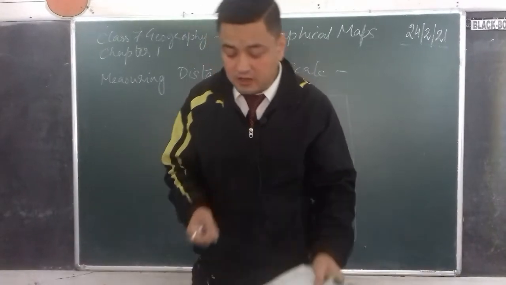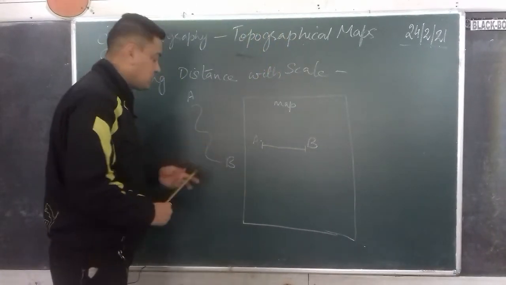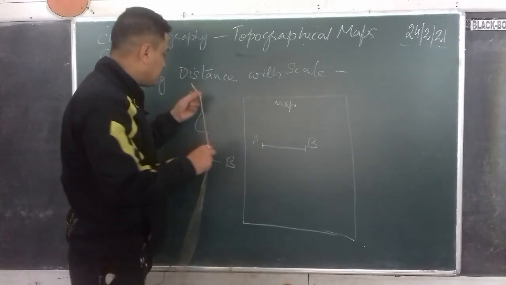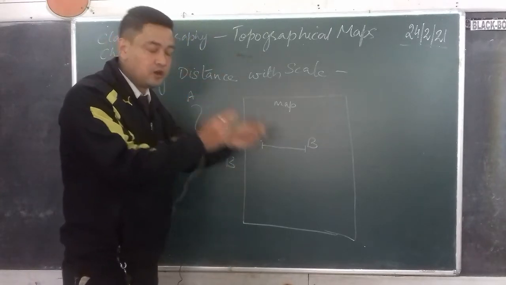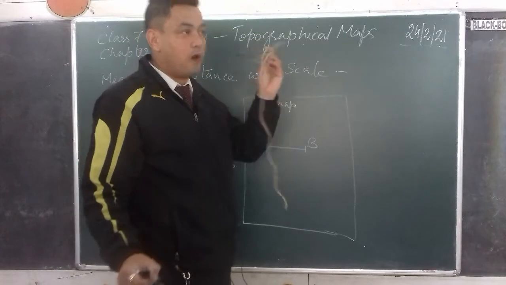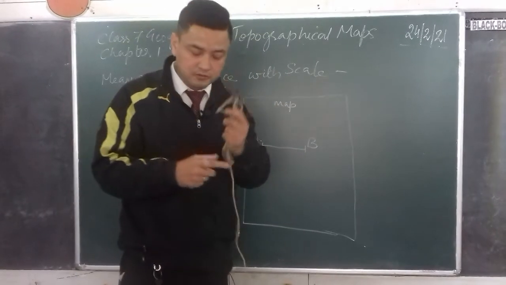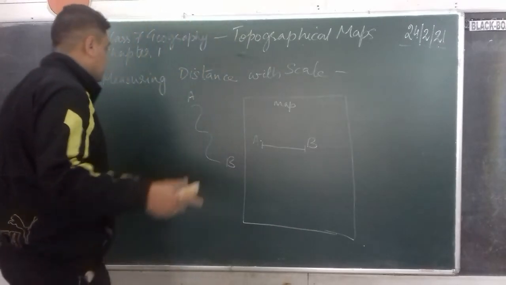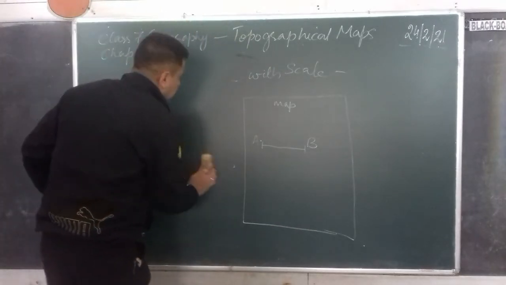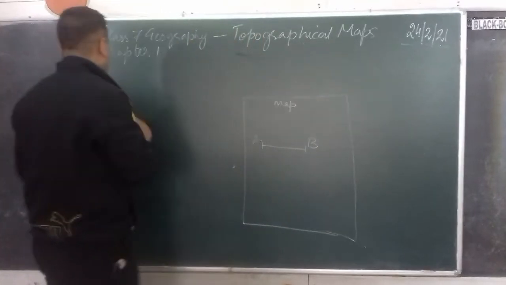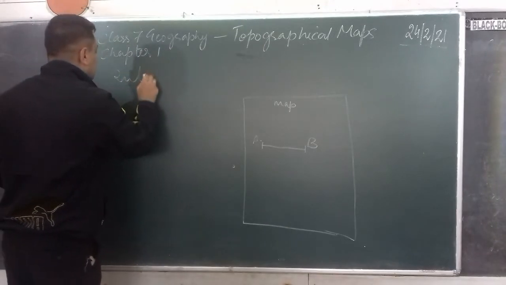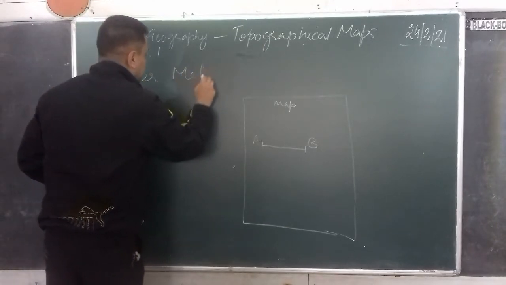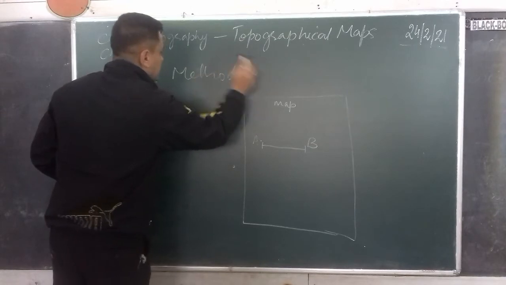You can use a wire to measure the distance from A to B with the help of a twine, or you can use a wire or a divider also. Now the first method that we are going to understand is the ruler method. R-U-L-E-R, ruler method.